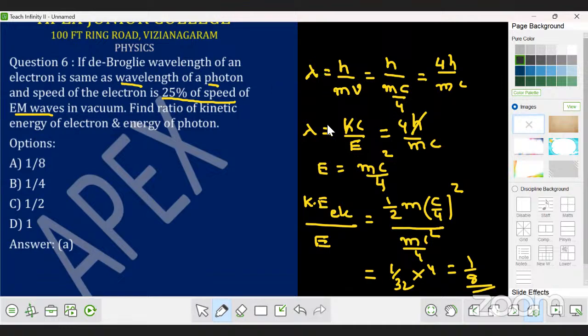Okay. Then the general formula for energy of photon, E equal to hc by lambda. From that, lambda equal to hc by E. Then by equating both of these, since it was given in the question that both are same, you will get some equation for E. And now the question is ratio of kinetic energy of electron and energy of photon. The similar formula we have substituted, and finally we got 1 by 8.